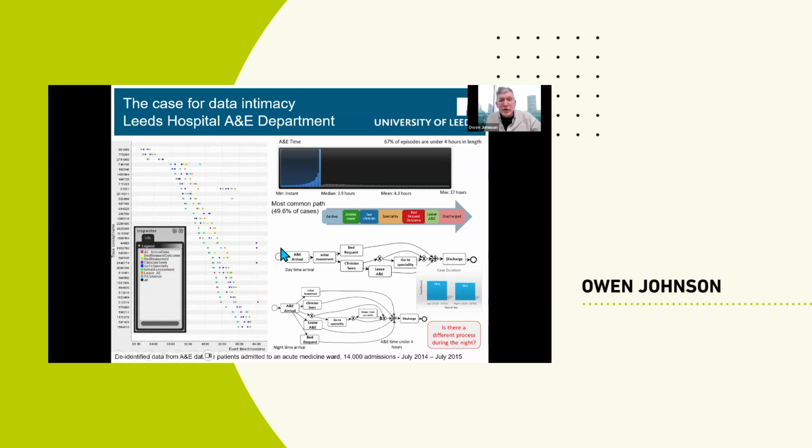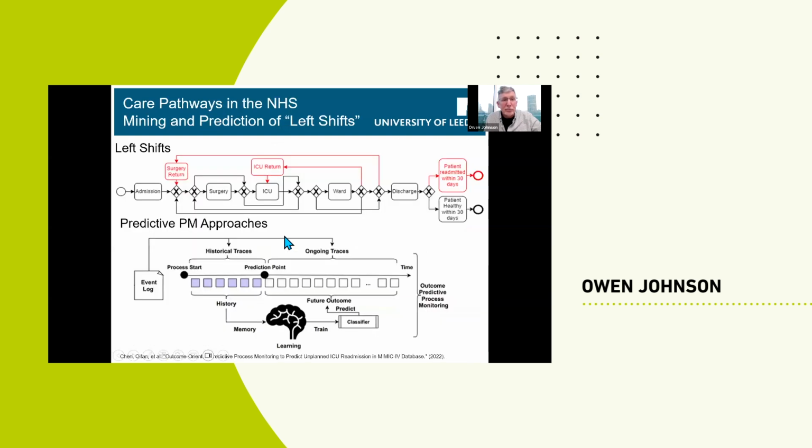So I think that says to me, when you're doing process mining, you need to work with the domain experts who are the people on the ground, clinicians and service managers. So just to give you a taste of the kind of work we're doing, in the research world, we're looking at predictions of, as you go through the process, predicting bad things.